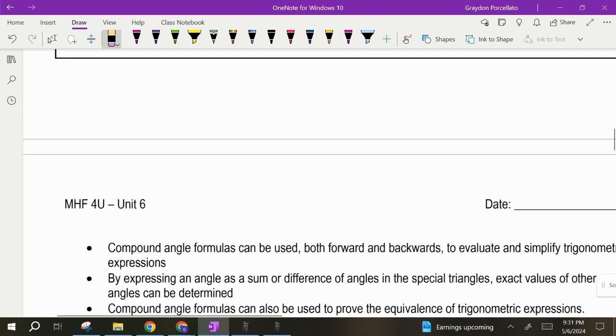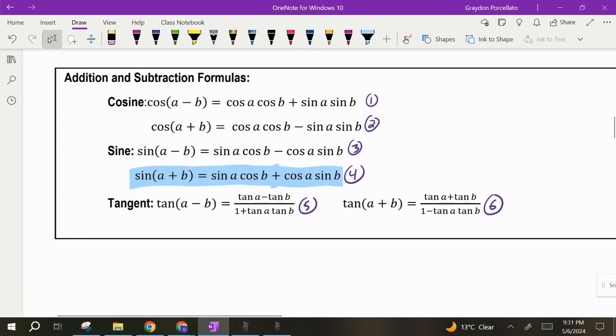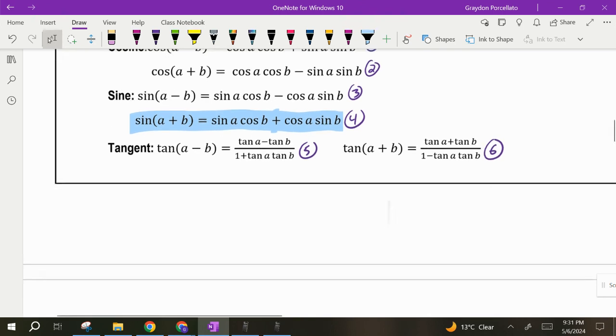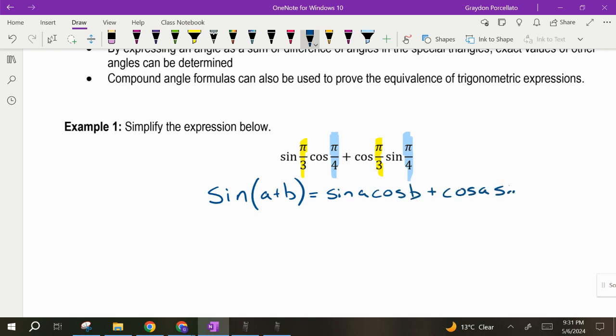Because again, looking at this, we have sine of an angle, cos of an angle, plus cos of an angle, sine of an angle. So what we're going to do is write that expression down here. So sine of A plus B is equal to sine of A cos of B plus cos of A sine of B. Okay, so we look at this and we say, well, what is A?